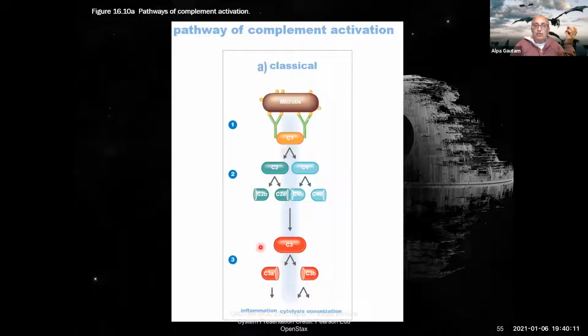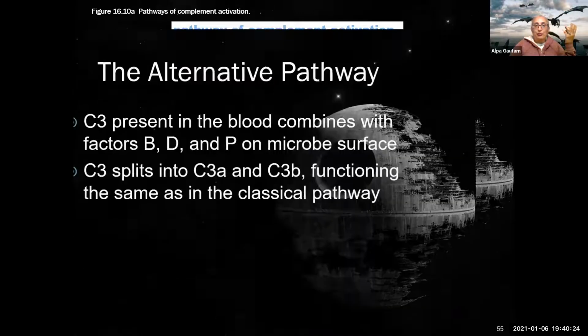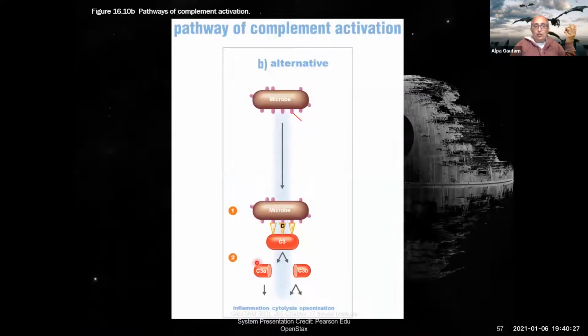So the only difference is that in the alternative pathway, you don't need this antibody and microbe. There's just an alternative pathway to C3a and C3b. That's why it's called the alternative pathway, right? In this case, the C3 itself binds to these components that are already on the microbe.